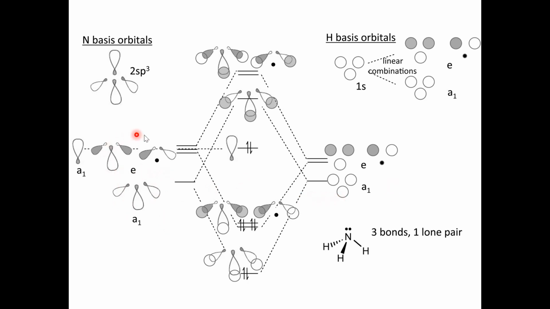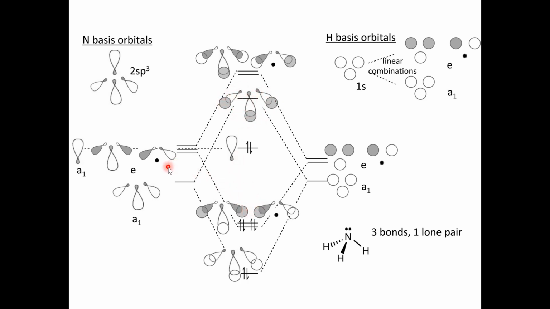So this is just the shape of those orbitals. And then I start making bonding and anti-bonding states. For the A1 state, this will couple with the A1 combination of s hydrogen atom states, and this will make the bonding state, and this is the anti-bonding state. Okay.